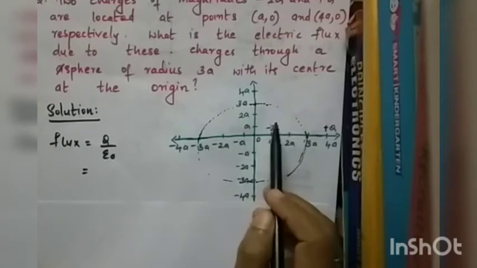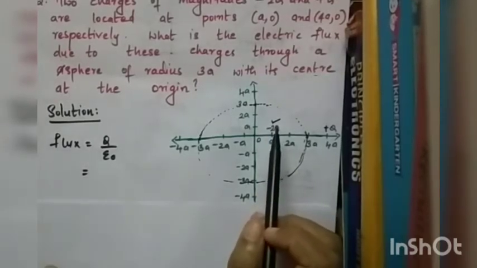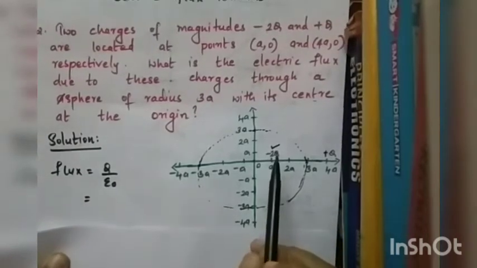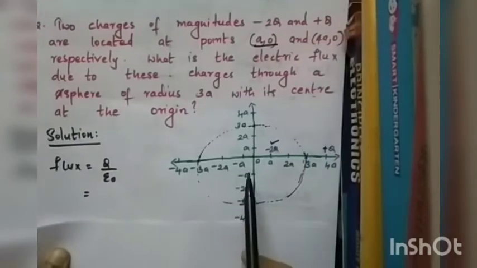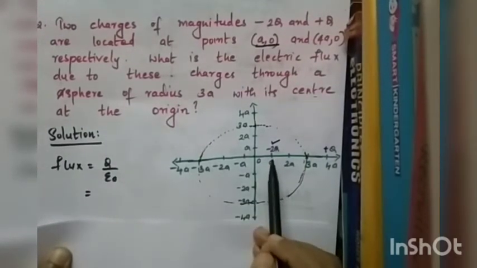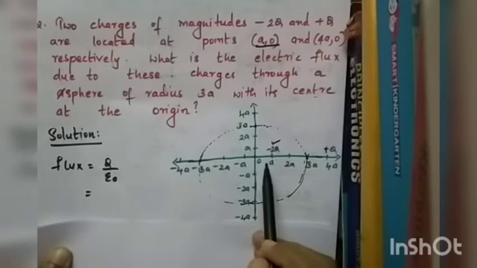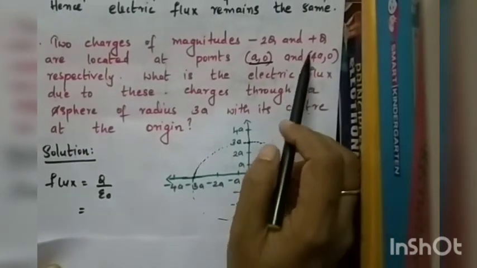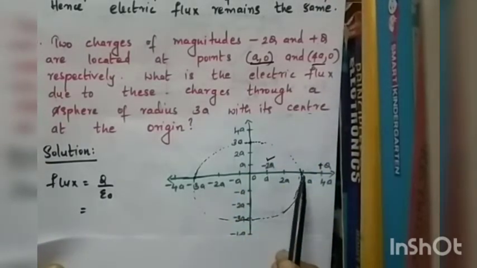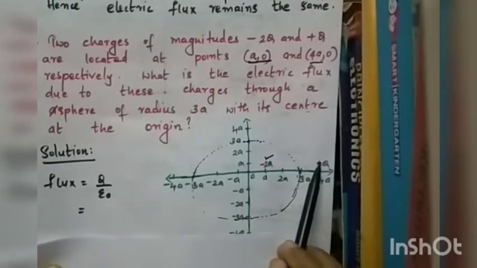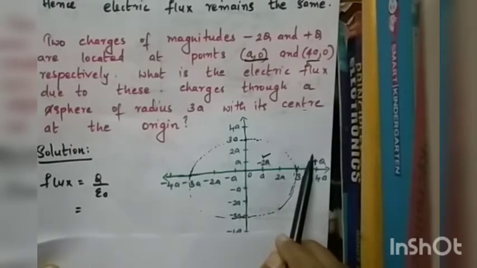This is the minus 2q charge, located at the point (a, 0), so it will be here on the x-axis. And plus q charge is located at the point (4a, 0). This is our plus q charge, at the position corresponding to (4a, 0).